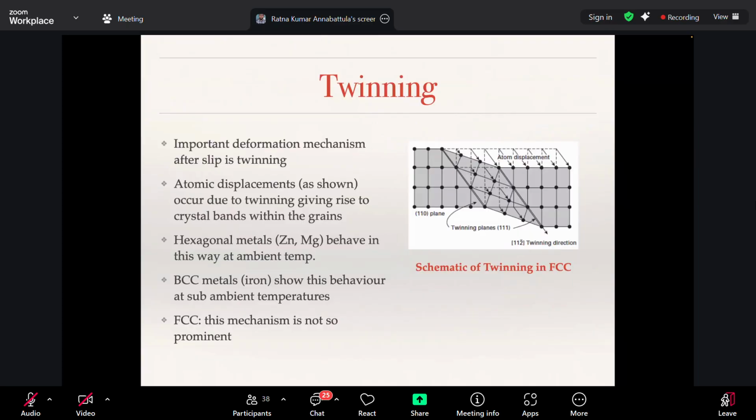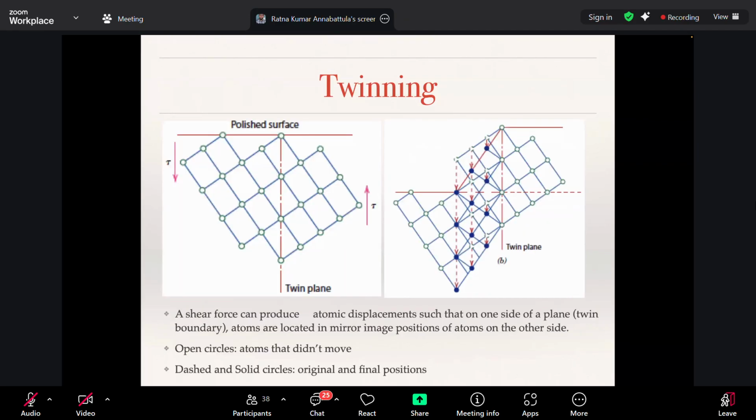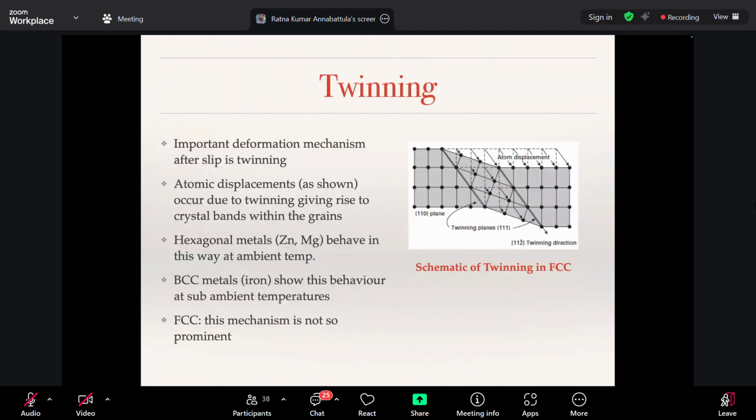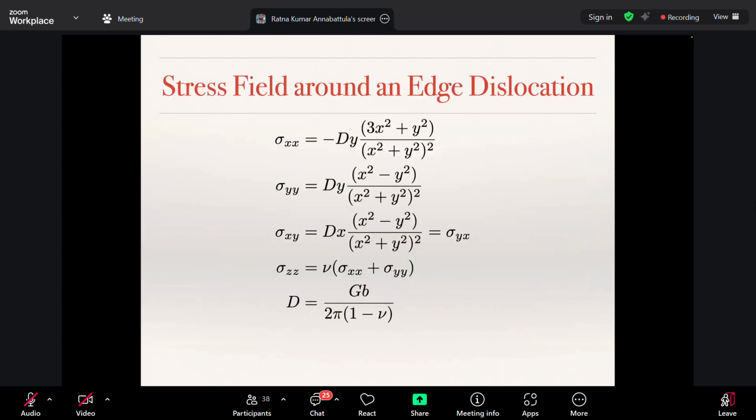So we have talked about plastic deformation through something called slip. Slip is nothing but dislocation motion, isn't it? That's what we have discussed in the previous class, and whatever we have looked at so far is all about dislocation motion.